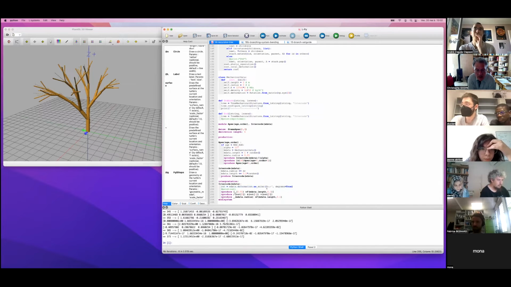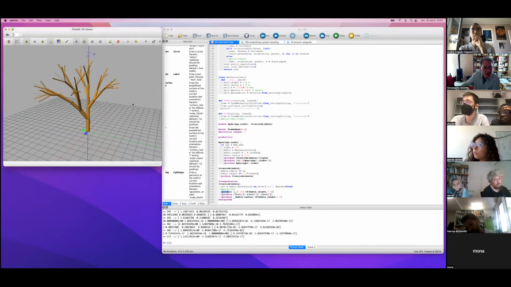I want that as Euler angles to have a successive rotation around X, Y, and Z. And then I just append the rotations before putting the branch. Okay, very well. So is it working at the moment? Yes.